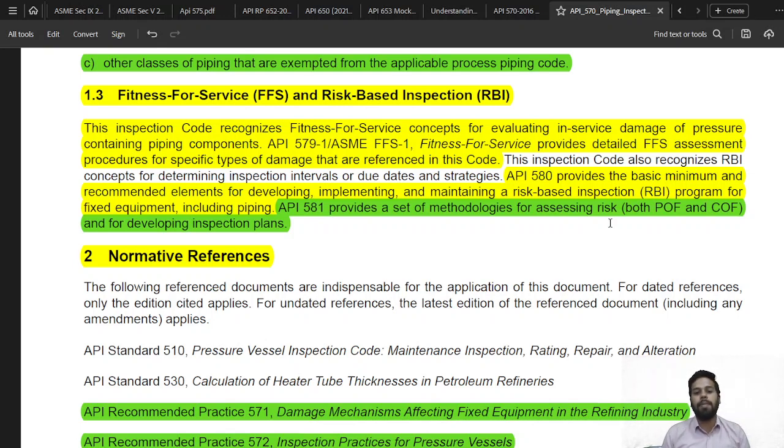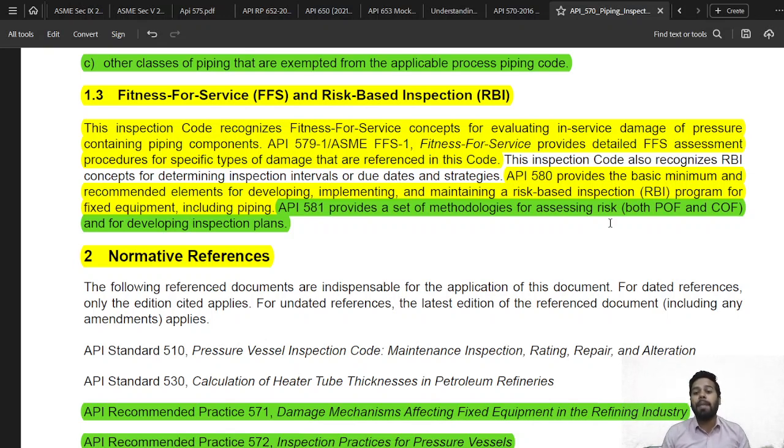So whatever fitness for service approach you take, it should be in compliance with that. This inspection code also recognizes RBI, that is the risk-based inspection concept, for determining inspection intervals or due dates and strategies. Whatever risk-based inspection approach you take is laid down in API 580, so any risk-based assessment you do has to be as per the requirements of API 580.